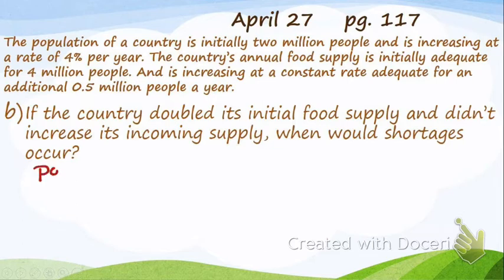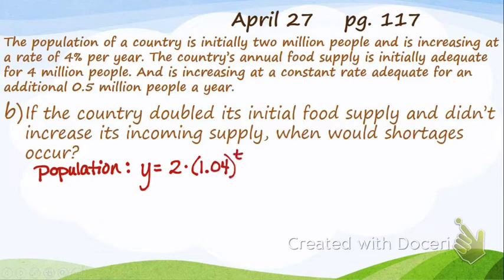Did anything change about the way the population is growing? No. So I would still describe this with the exponential equation. The population equation stays the same. They're still growing the same.